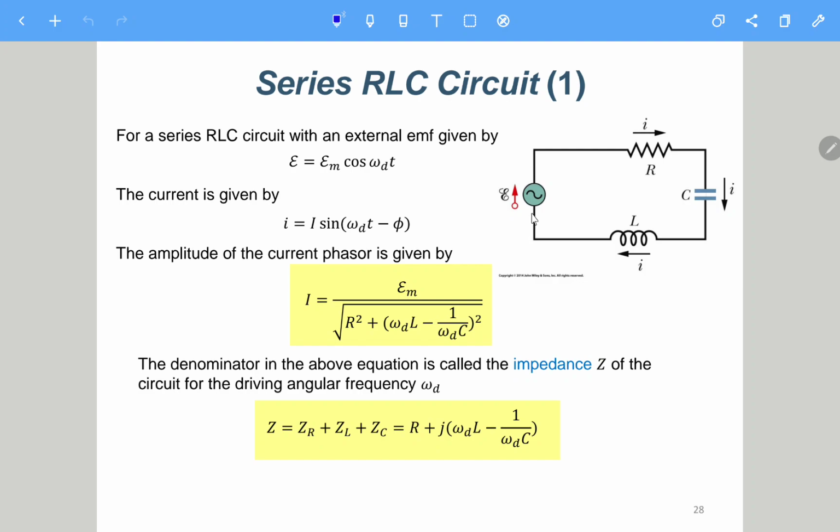The point of learning phasors is that you can still write the ODE to describe this circuit.